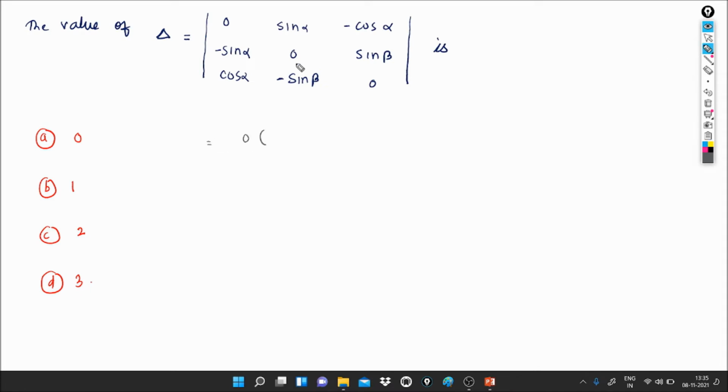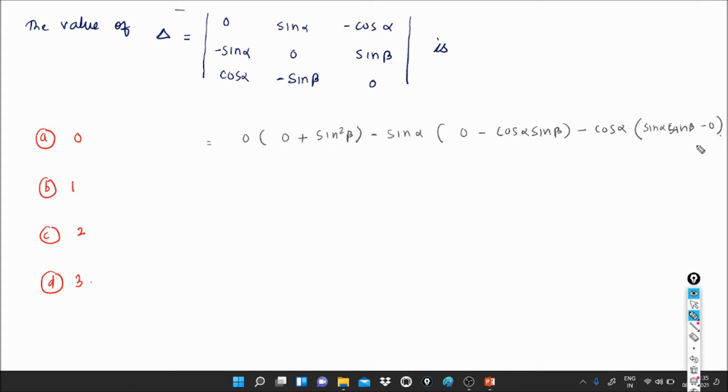So 0 into, deleting first row and first column, this is 0, plus sine square beta, minus sine alpha into, deleting first row and second column, this is 0, minus cos alpha into sine beta, minus cos alpha into, deleting this and this, will be plus sine alpha cos alpha sine beta minus 0.